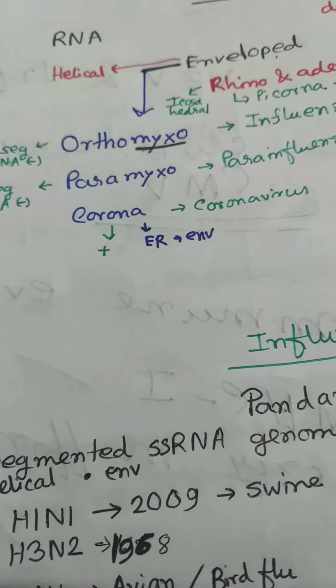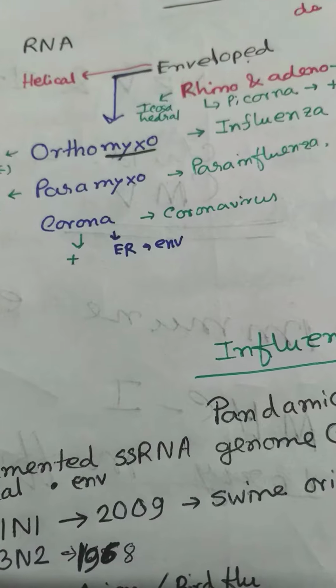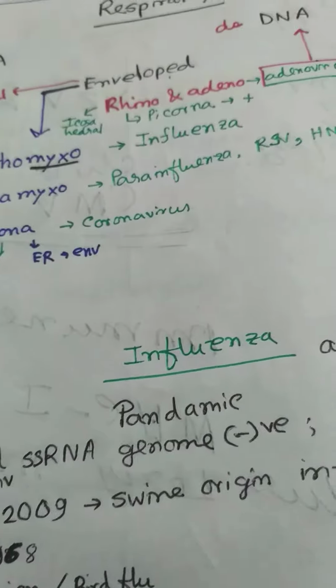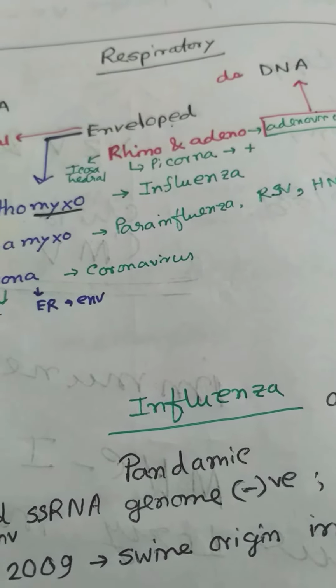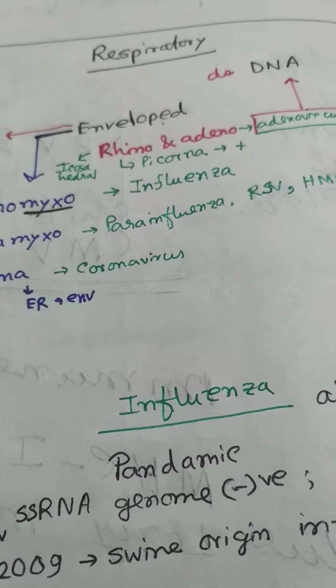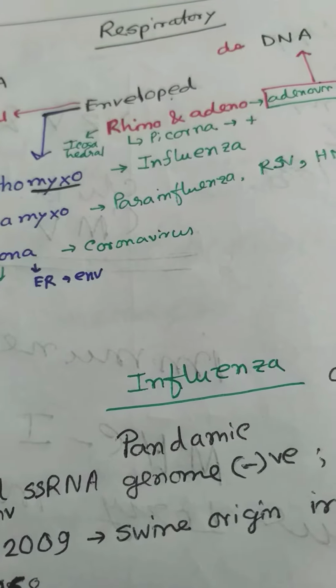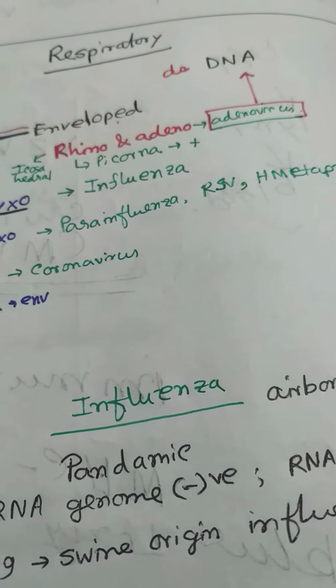All the enveloped viruses have helical symmetry and the non-enveloped viruses have icosahedral symmetry. Of the icosahedral symmetry non-enveloped viruses, rhinovirus belongs to picornavirus, and its RNA is of positive polarity, and the only DNA virus, adenovirus, belongs to adenovirus.